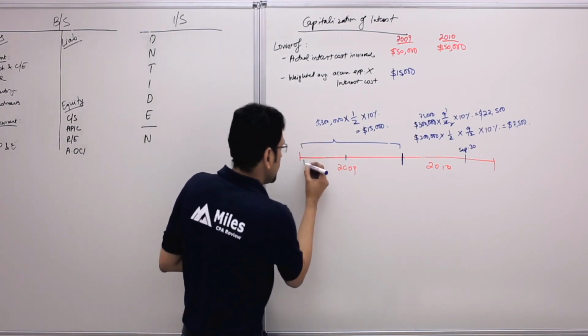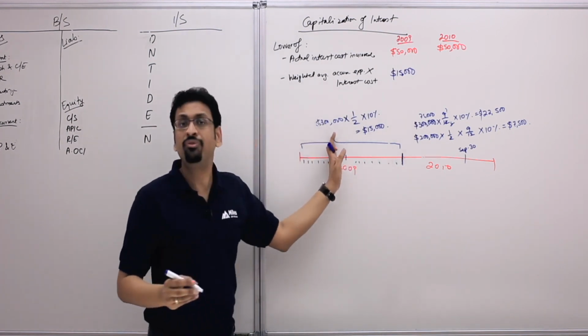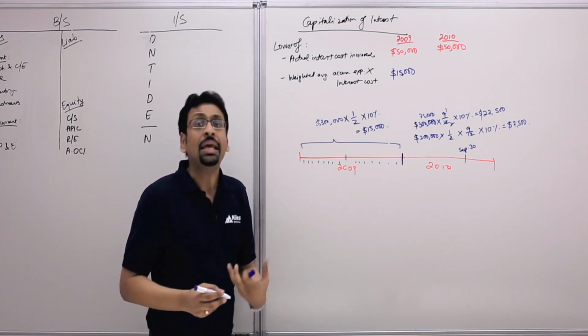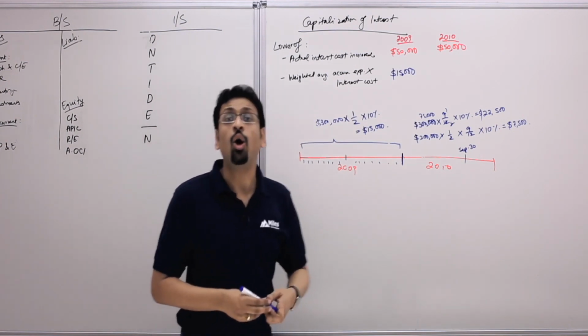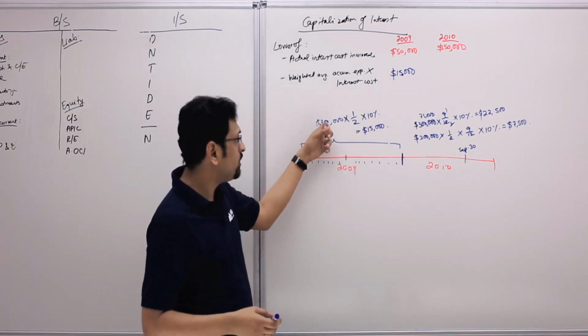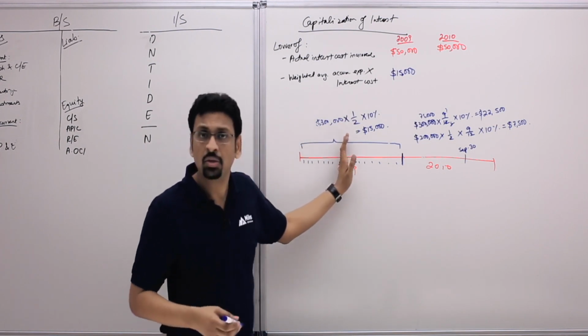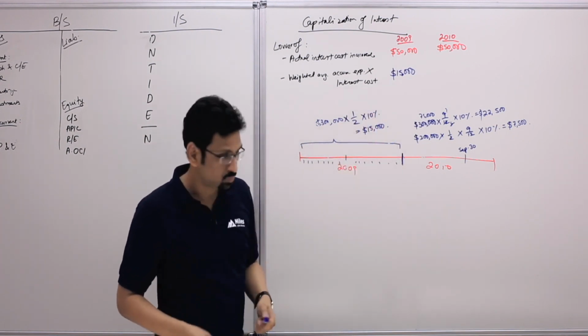So what would be the interest cost capitalized had all the expense been incurred on 1st of July? That would be $300,000 times half a year times 10%, which gives you $15,000.